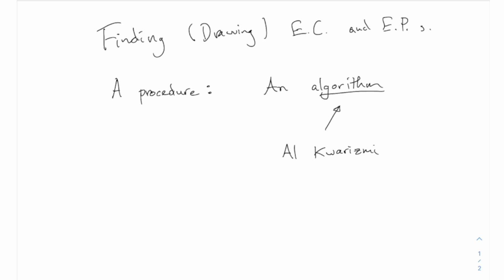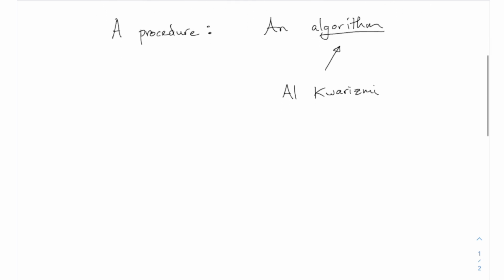He lived in what we now call Baghdad at a time, around the year 800, I believe, when Baghdad was the place to be in terms of mathematics and science. His name eventually was translated into English and became that word algorithm. He also invented the word algebra; it is named after Al-Khwarizmi.